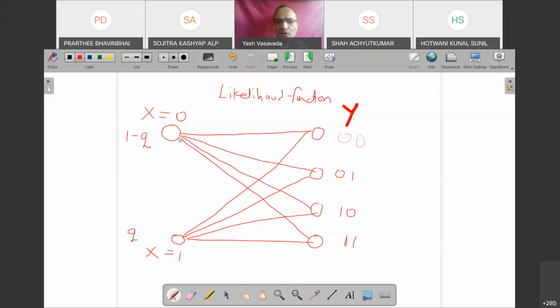So now who can tell me what likelihood I should give to this first line? Remember, in the simple BSC case, this first line was given likelihood of 1 minus p, and then we had only one more line, whose likelihood was p.